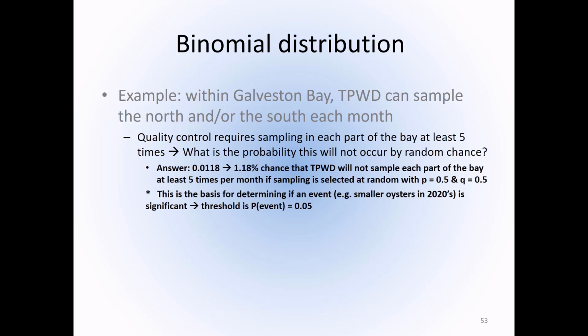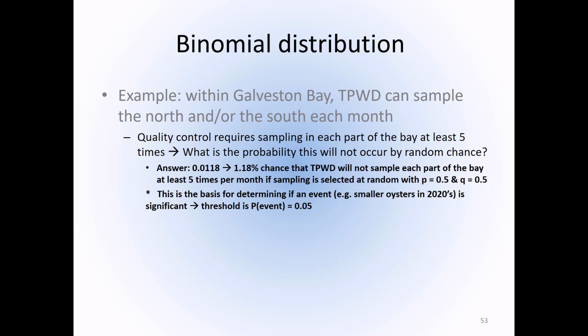And as we move forward in discussing distributions, this is going to be the basis of determining if we have some type of significant event. Significance is something that is commonly used in statistics to denote an effect that is of interest, and we'll be discussing this, and the basis of this is the probability that some type of event is less than 5% likely to occur just by random chance based on the probabilities of those different events occurring.